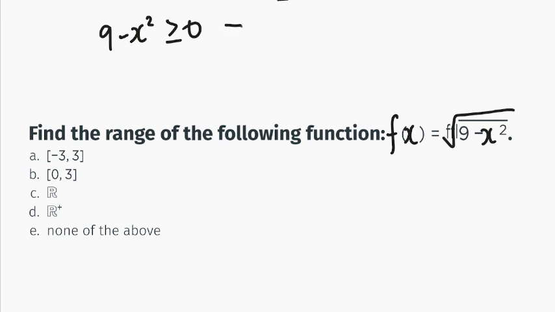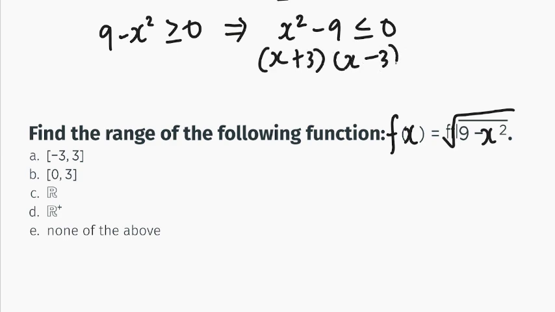And this implies that we can multiply both sides by a negative sign, and the symbol will be reversed. So we have x squared minus 9 is less than or equal to 0. And by factoring, we have (x + 3)(x - 3) is less than or equal to 0. So the critical values are negative 3 and 3.